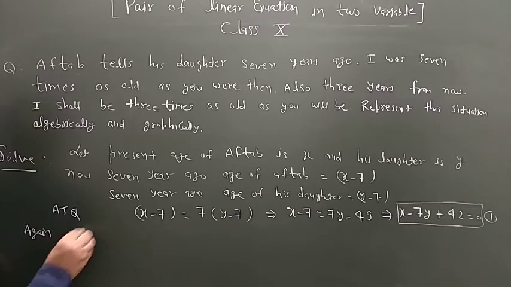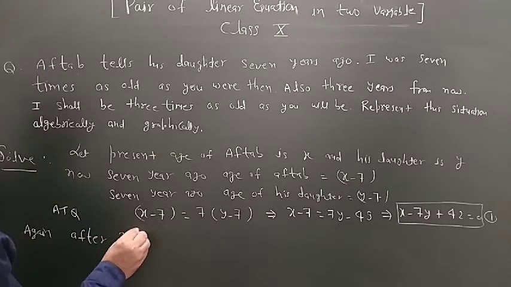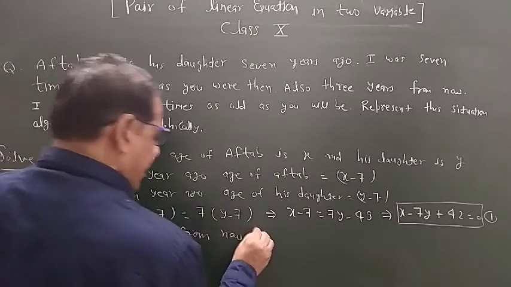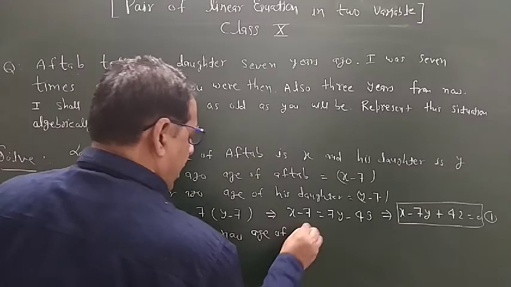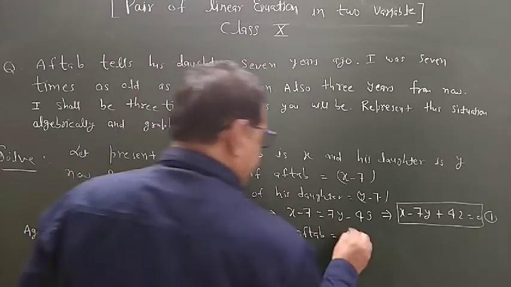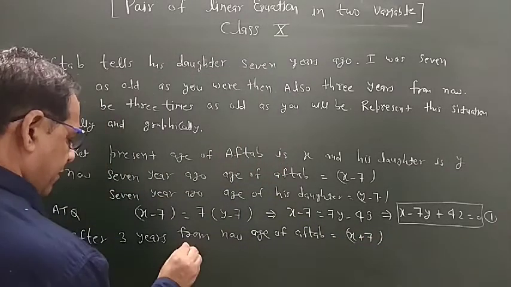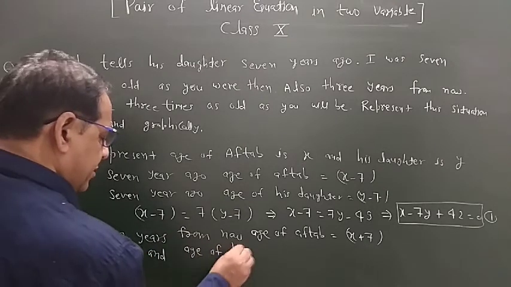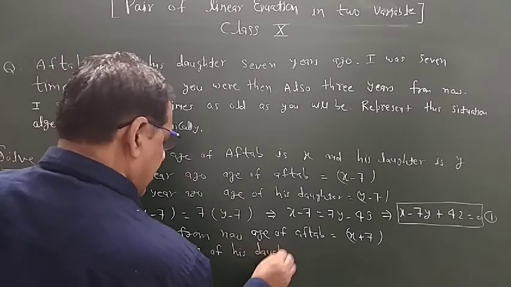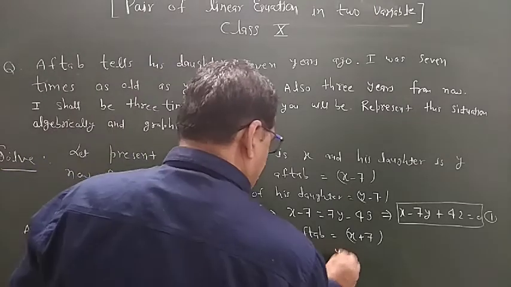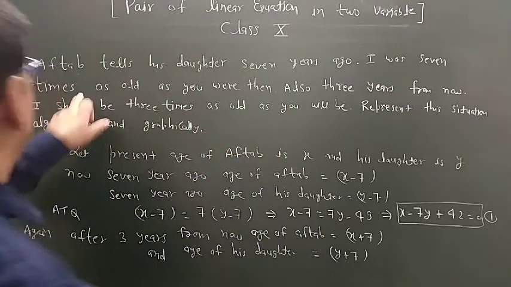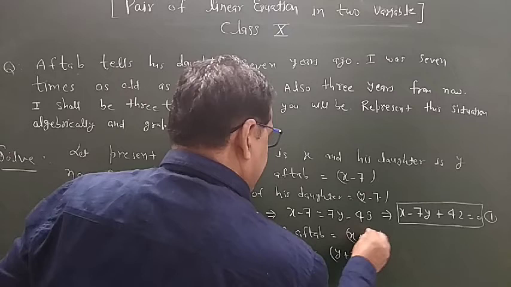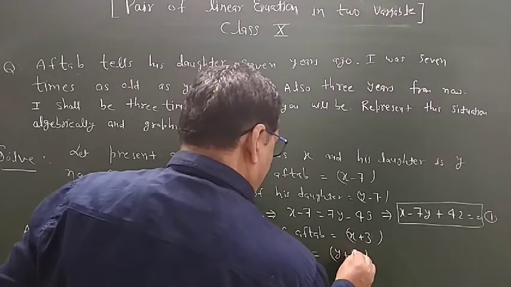Now again, after 3 years from now, the age of Aftab is x plus 3 and the age of his daughter is y plus 3.